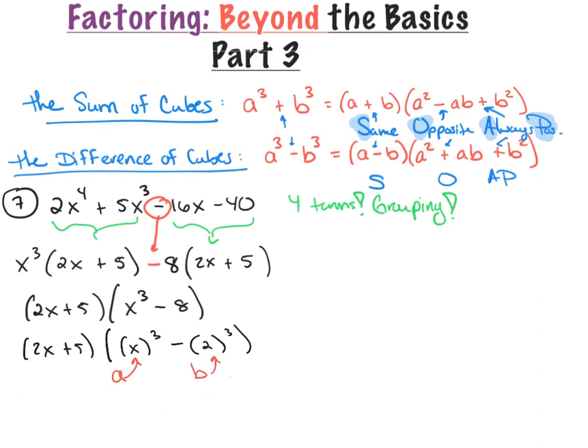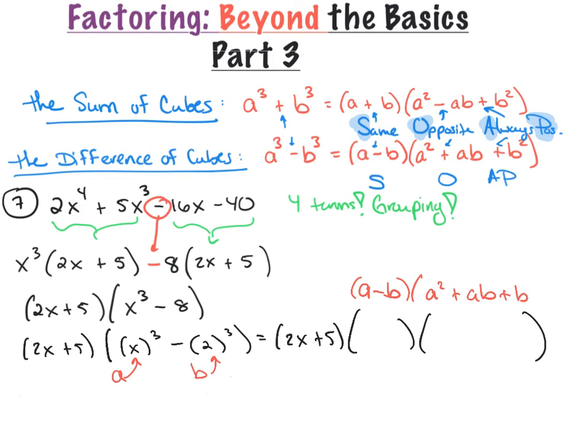So when we go to write our next step, write in the 2x plus 5 in the front. We don't want to forget that. And then leave room for our formula a minus b, a squared plus ab plus b squared. So let's see, a minus b is x minus 2.